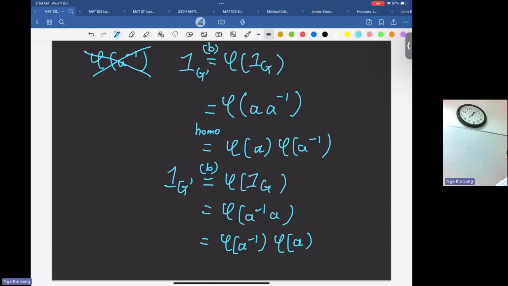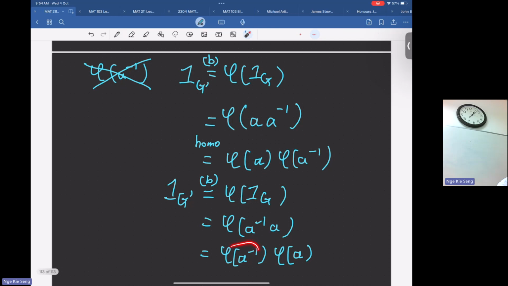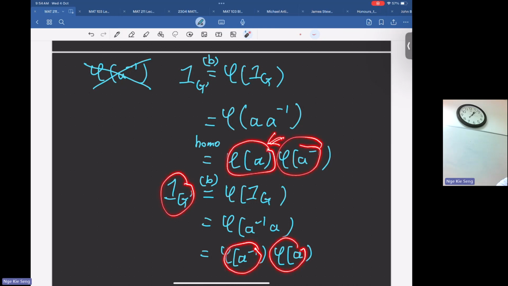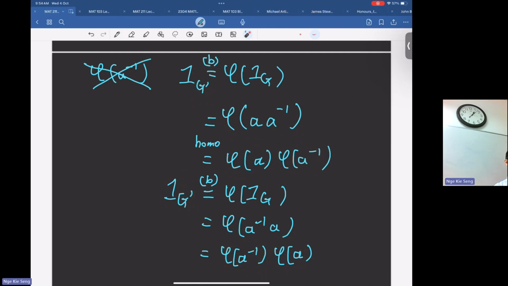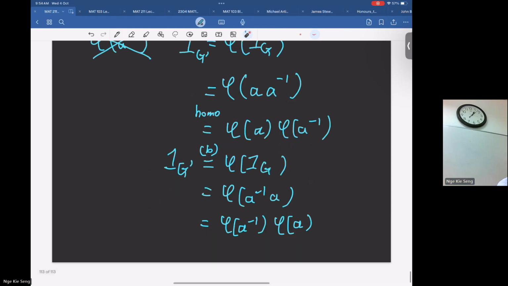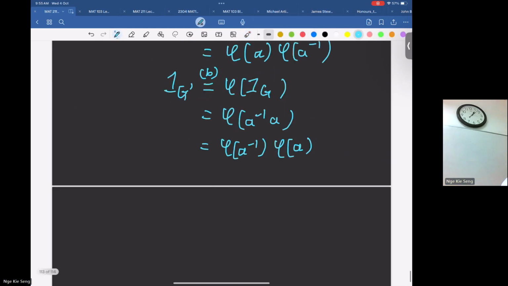This means phi A inverse right-multiplied by phi A gives identity. So it's both the right and left inverse. So they are equal. So the inverse exists, and the inverse is phi of A inverse.